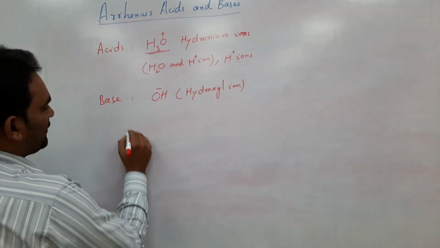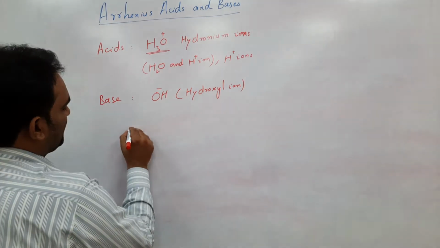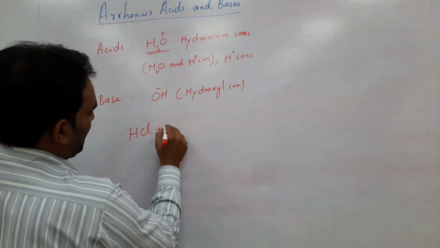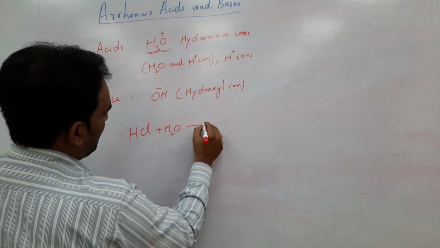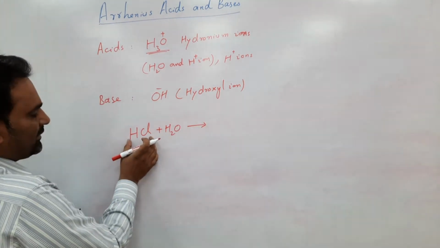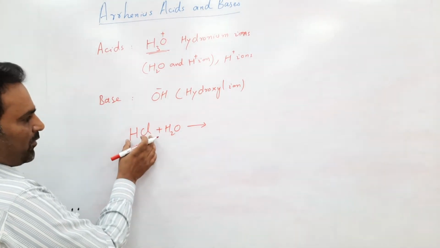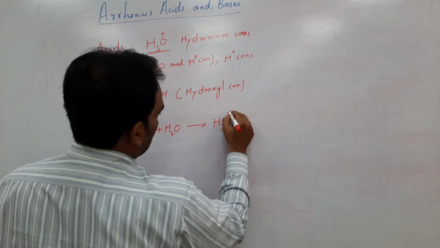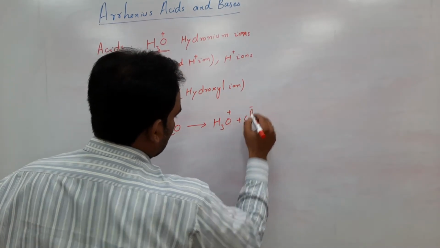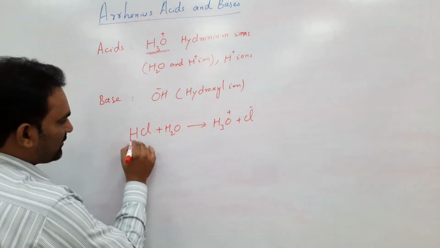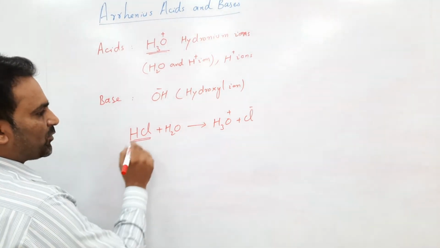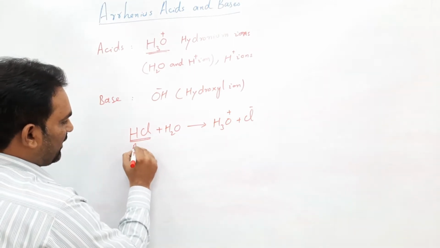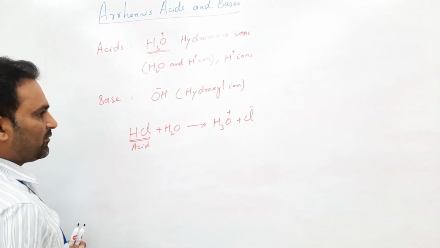For example, suppose we have HCl, and we have water. When we dissolve this HCl in water, it will give you hydronium ion and chloride ion. Because this compound is producing hydronium ion, we call it an acid.